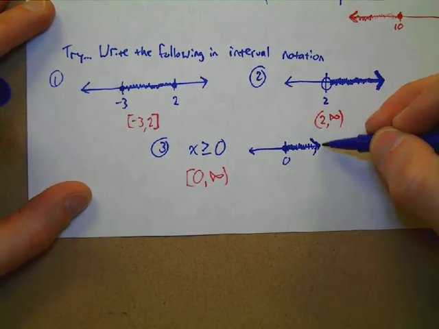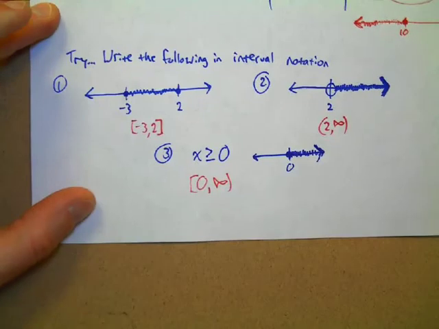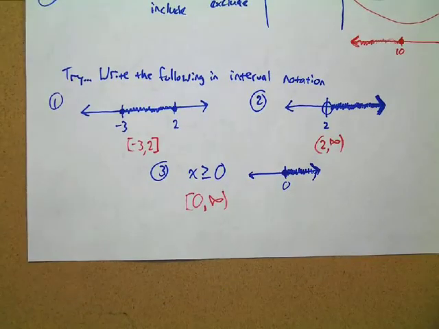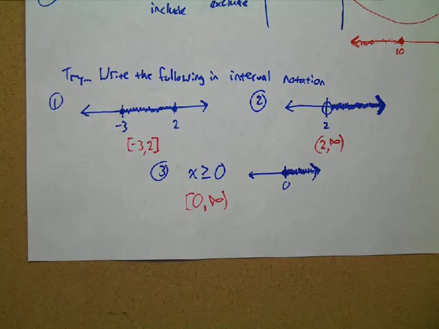This one is a bit harder to see, but if you draw a number line and put 0 in there, we want x values greater than or equal to 0, so I'll put a solid dot and go in that direction. You can see we start at 0 and go to infinity. So the order does matter. And the symbols matter too.